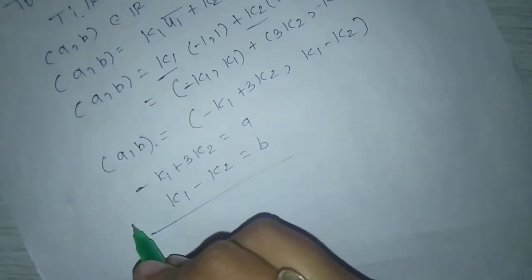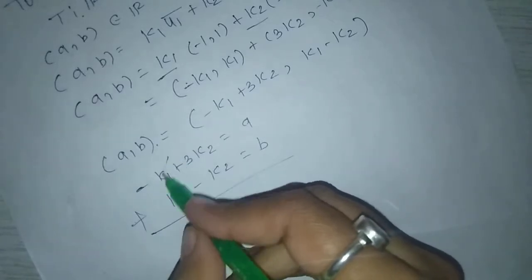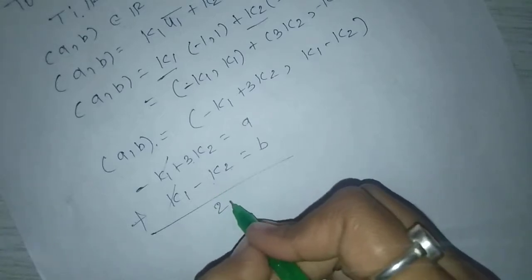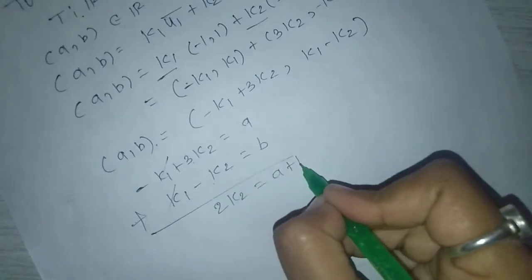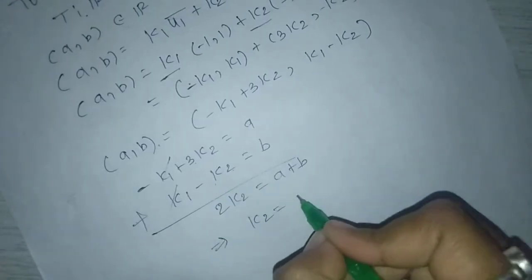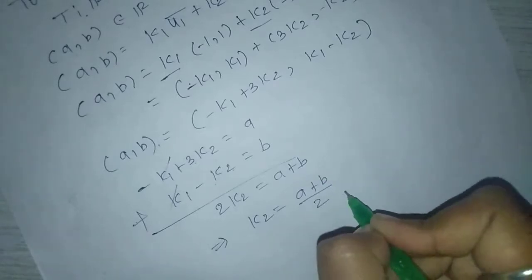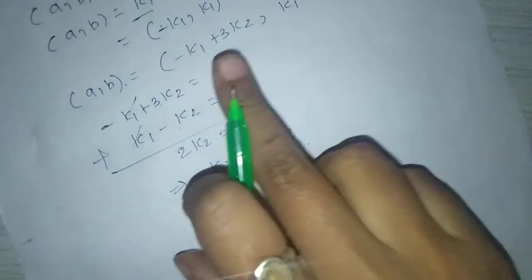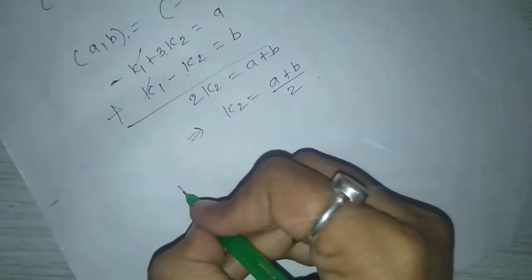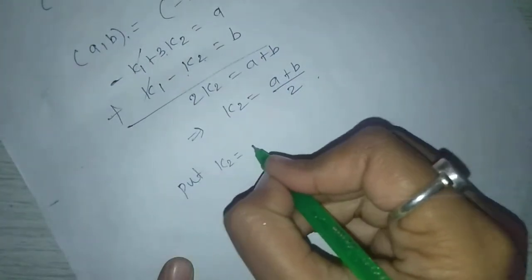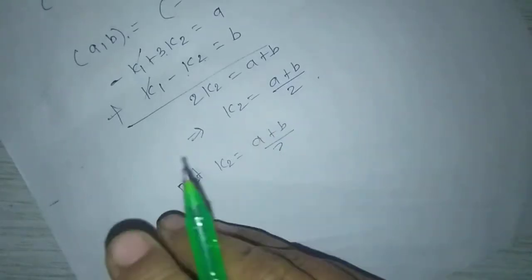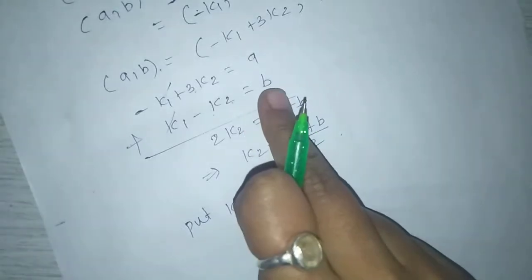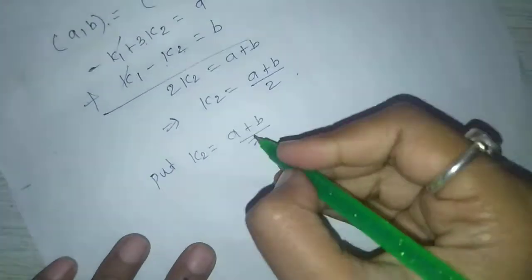Now add these two equations, we get k1 minus k1 cancel, 3k2 minus k2, 2k2 equal to a plus b, which implies k2 equal to (a plus b) upon 2. Now to find k1, put the value of k2 in this equation or in this equation.